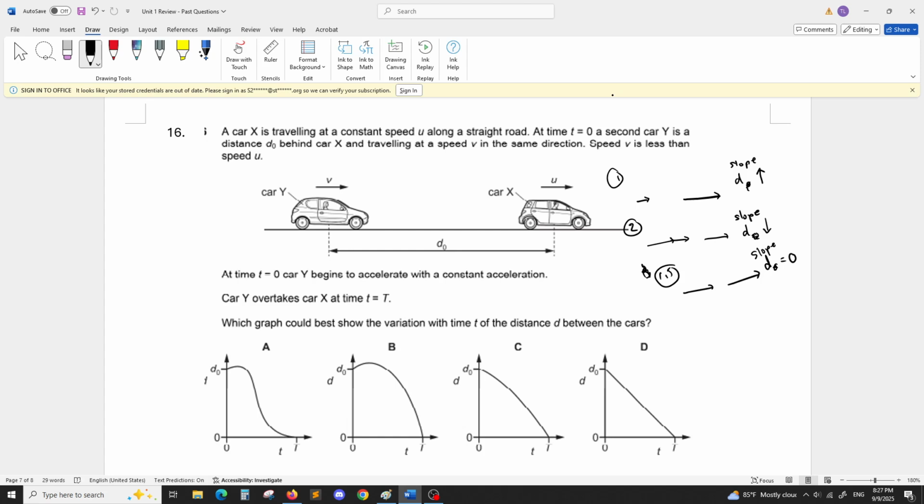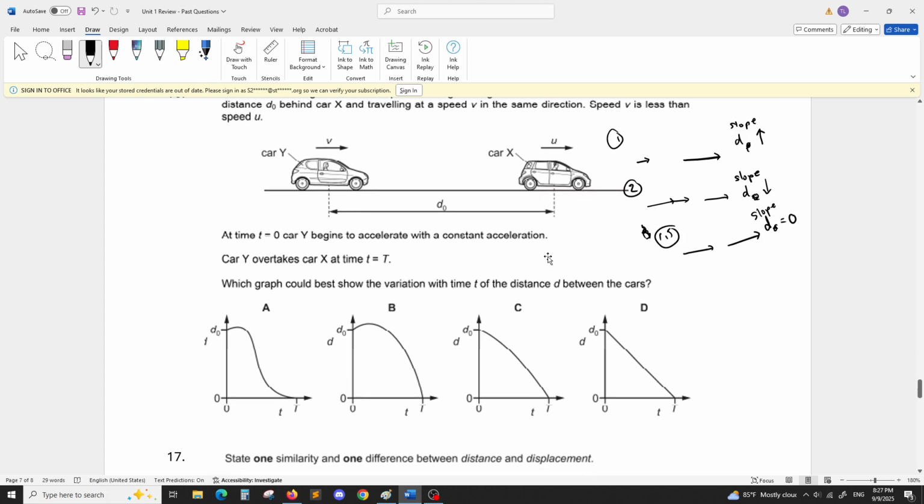So let's look at our graphs. So we know that it momentarily increases, so we can automatically eliminate C and D because they don't increase for a little bit. And then as we see here, we have to see the concavity. So the main difference is that this goes down like that, while this one goes down like a waterfall, kind of.